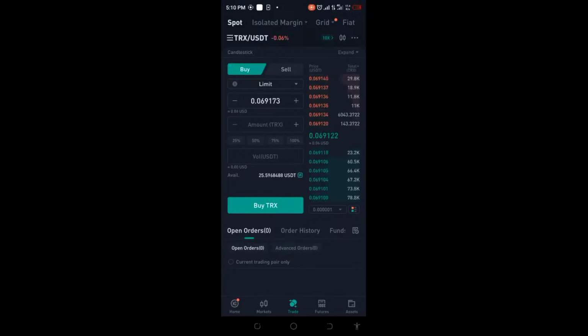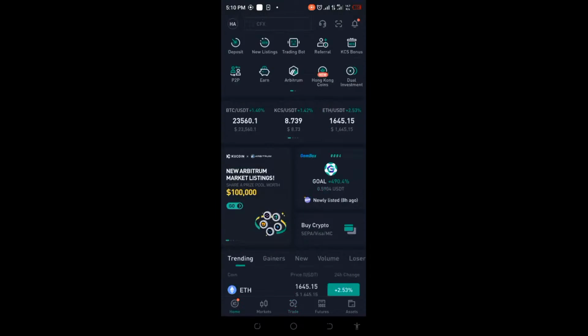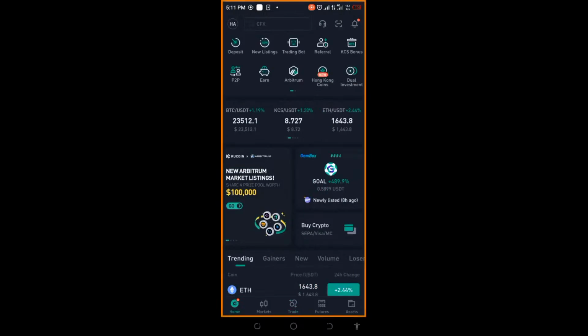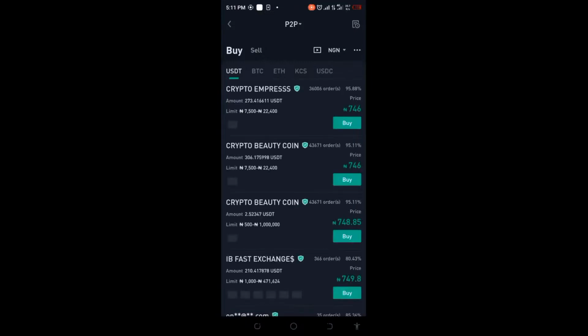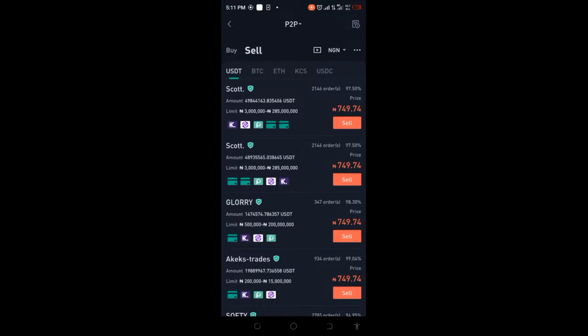Okay, so we're here to change this to TRX. Now, of course, there are two ways you can do this. You can actually decide to use the P2P. If we look at here, you will see that KuCoin has P2P, right? So you can actually decide to withdraw your money by just selling it off. It's very, very possible.